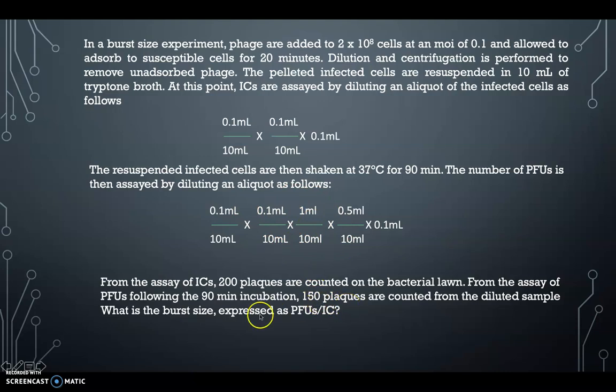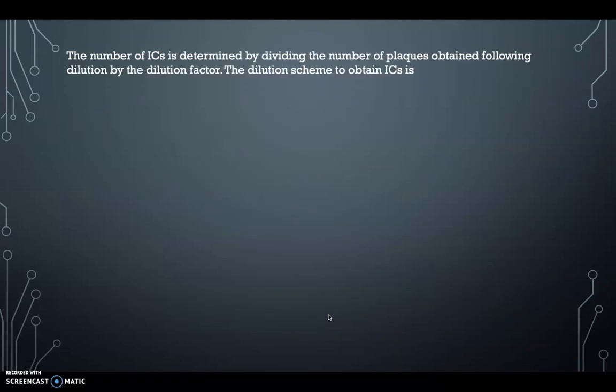Now we are going to find out the burst size, expressed as PFUs per IC. Let's see the solution. The number of ICs is determined by dividing the number of plaques obtained by the dilution factor.